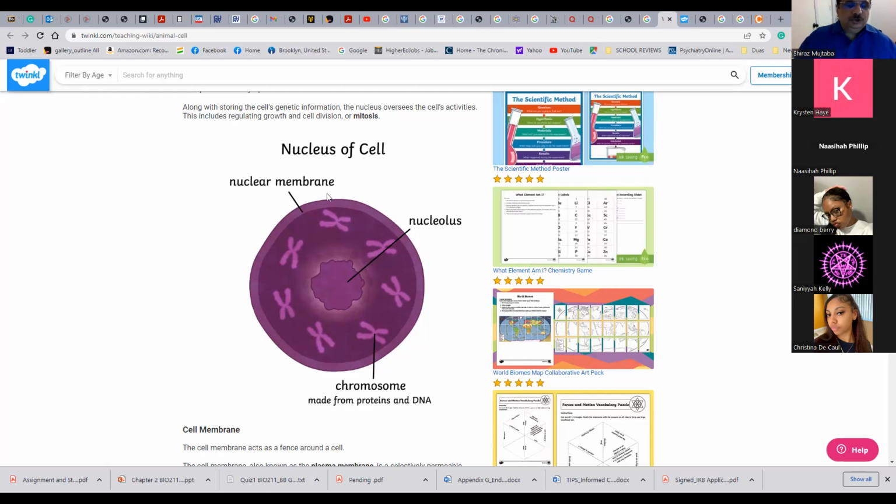So it's not like a solid membrane, right? It has nuclear pores through which various nuclear proteins and mRNA, rRNA or tRNA are exported out of the nucleus into the cytoplasm. And there are some proteins which are imported from the cytoplasm to the nucleus.